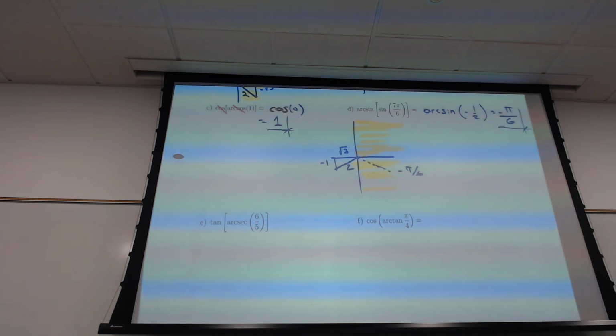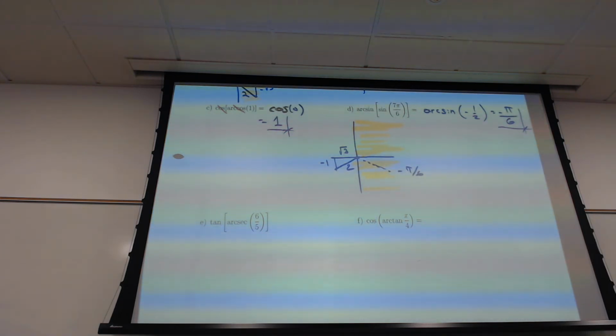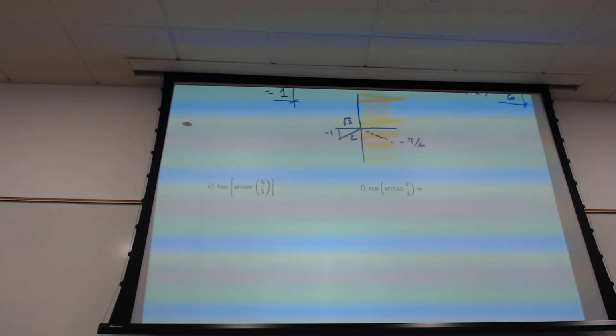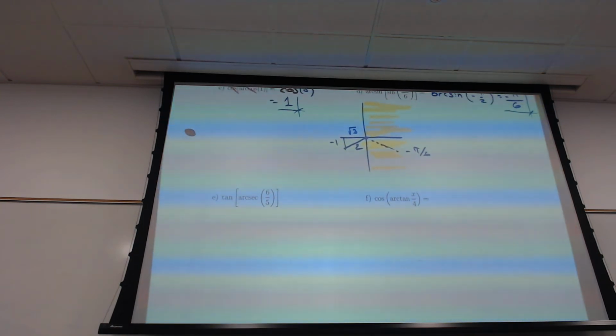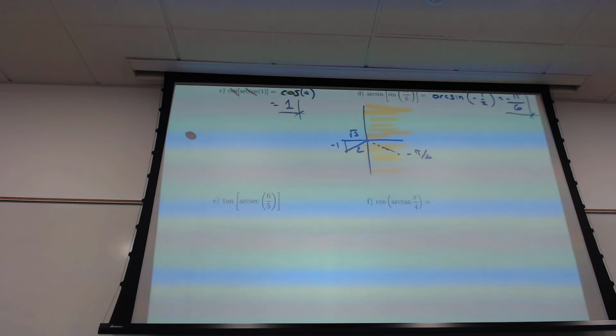Let's look at other types of problems in which we have other compositions. For example, in C and D we were working with values that can be found on the unit circle, like 1/2, 0, 1, root of 3 over 2, root of 2 over 2.